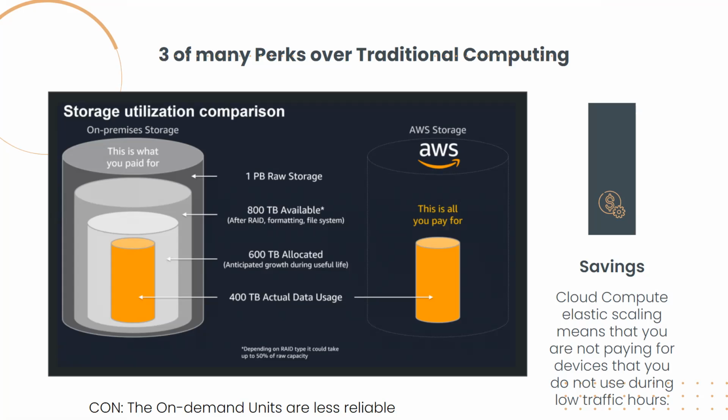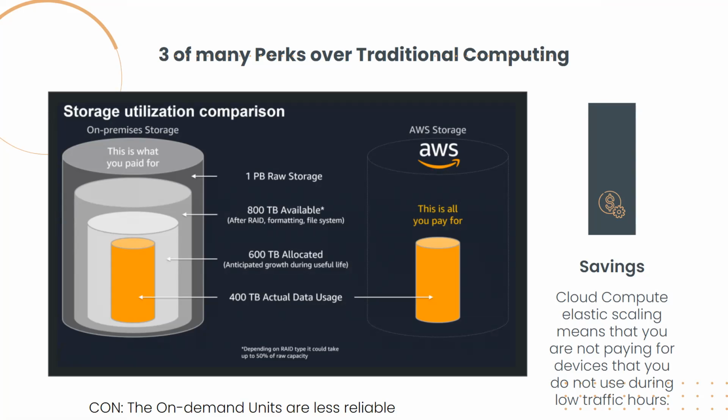So we essentially can assume that there might be some unreliability in your capability to find on-premise or on-demand units from AWS.